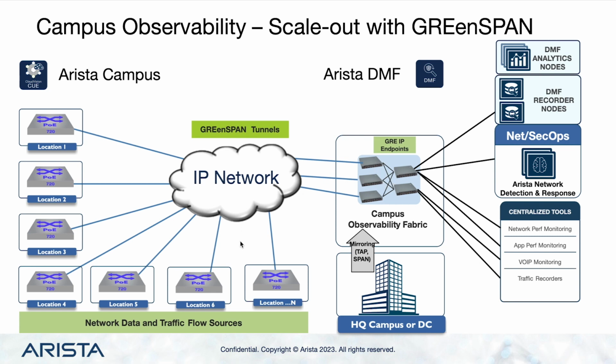This allows me to have visibility into traffic all the way down to the access layer, as close as we can get to those clients, to the hosts that are out on the network. So again, just another option you have is to do GRE span tunnels into this DMF fabric.